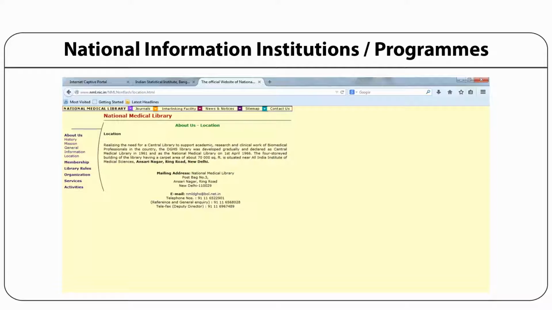This multi-storied building of the library, having a carpet area of about 70,000 square feet, is situated very near to the AIIMS. This library provides a large number of knowledge-based services to the entire biomedical professionals fraternity in this country.